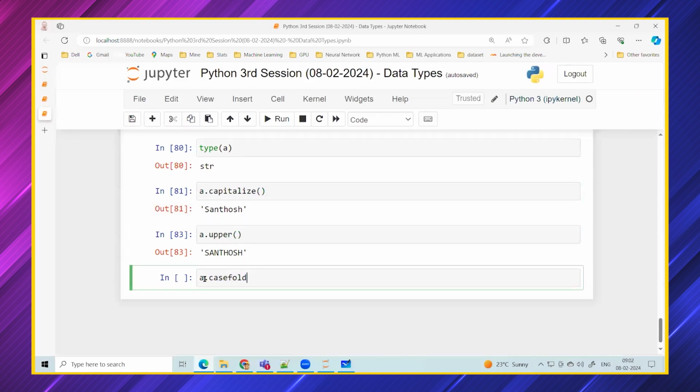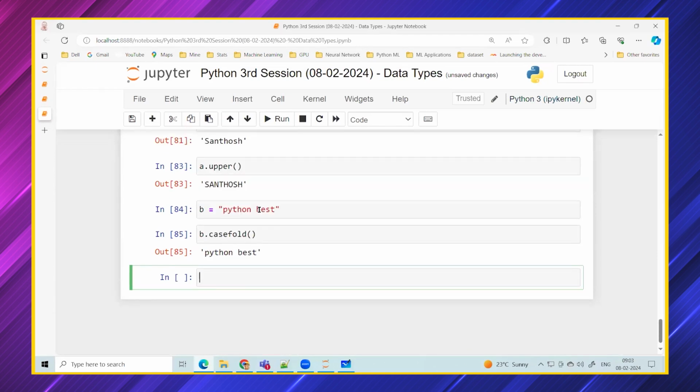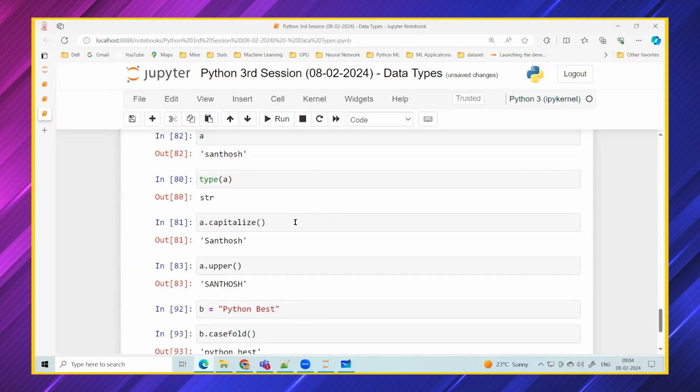Let me give P equal to Python best. Casefold. The actual word is not changing. If I give casefold, what is happening? It's converting to lower case. The starting uppercase letter is converted to lowercase.